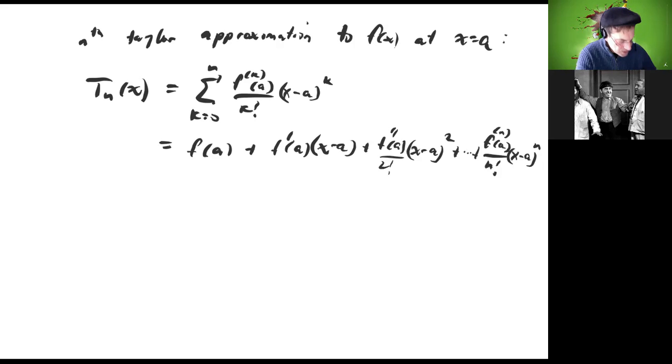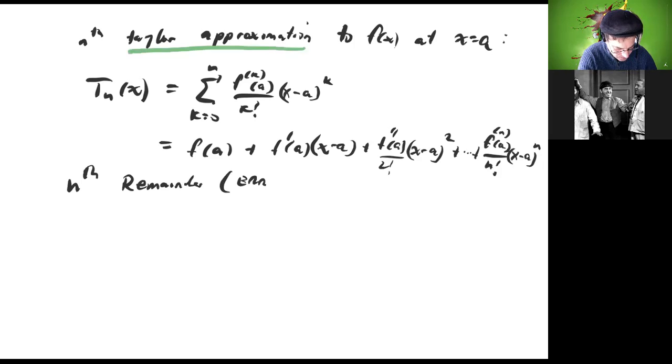Okay, so this is the nth Taylor polynomial, the nth Taylor approximation, and there's also the remainder, the nth remainder, which is kind of an error term.